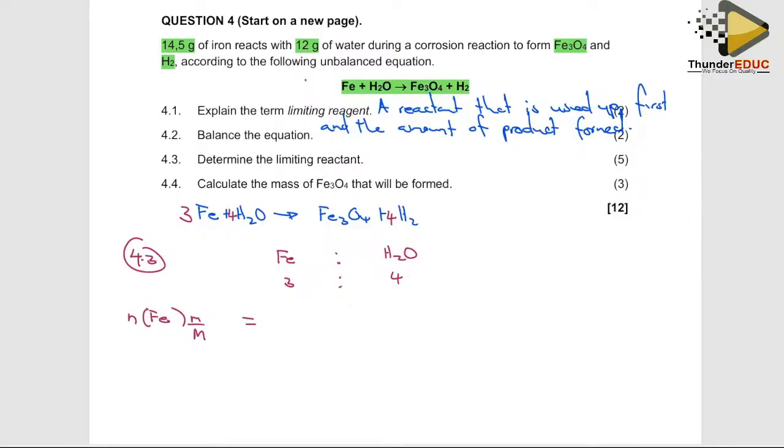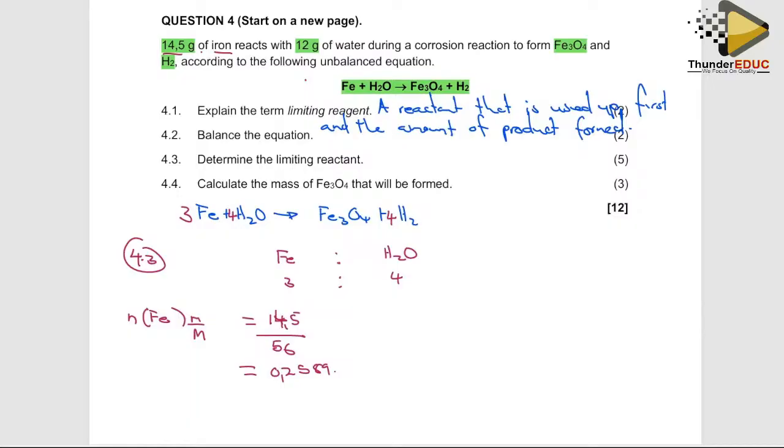What do I have in terms of the mass for Fe, which is my iron? It is 14.5 over the molar mass of iron. If we refer to the periodic table, we're going to get a value of 56. So if I divide there, I'm going to get a value of 0.2589. So this is the number of moles that I actually get from that one.